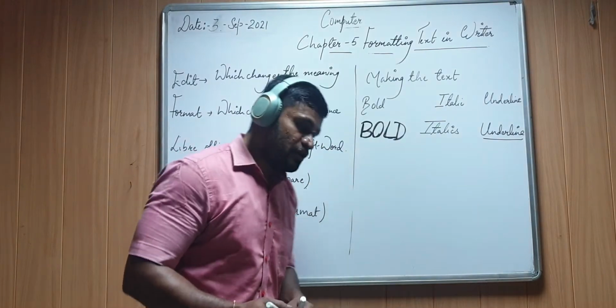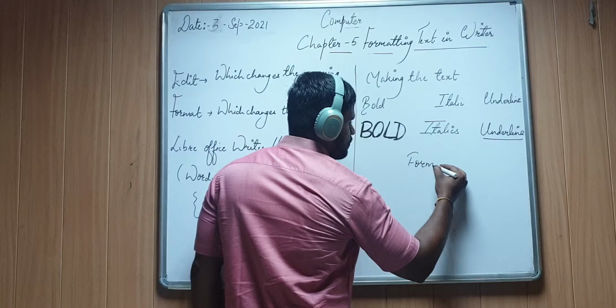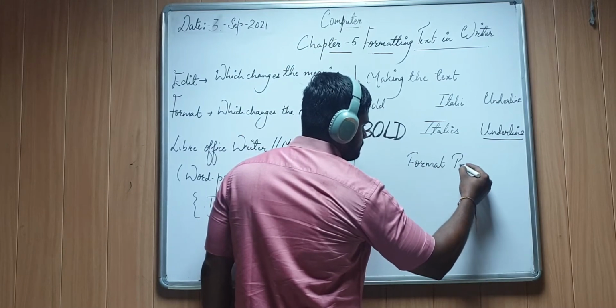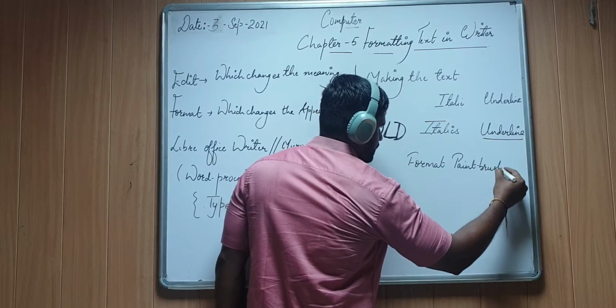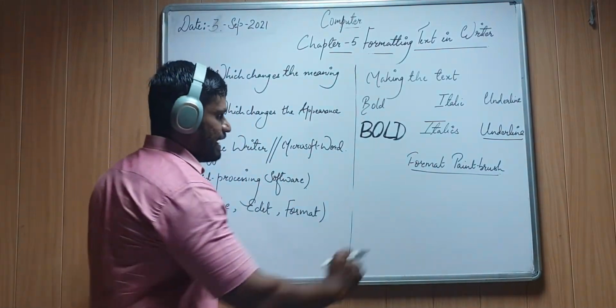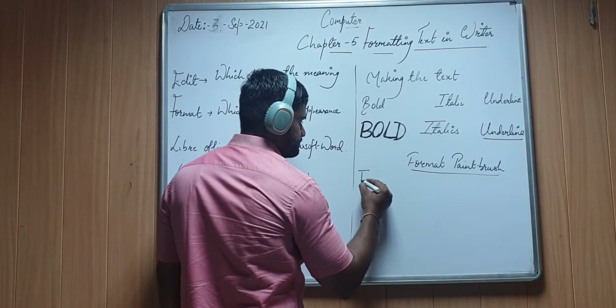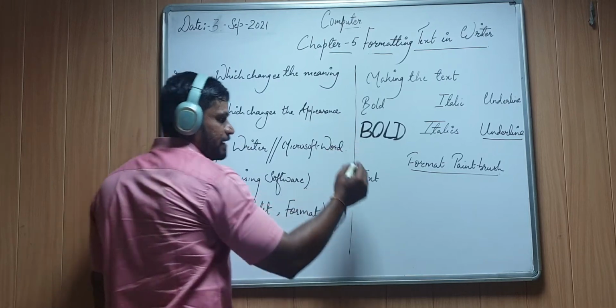After this, we have format paintbrush. Now, this is something we should all learn about. Format paintbrush. I have written a word. Let's say I have written text. After writing it, I made it bold.